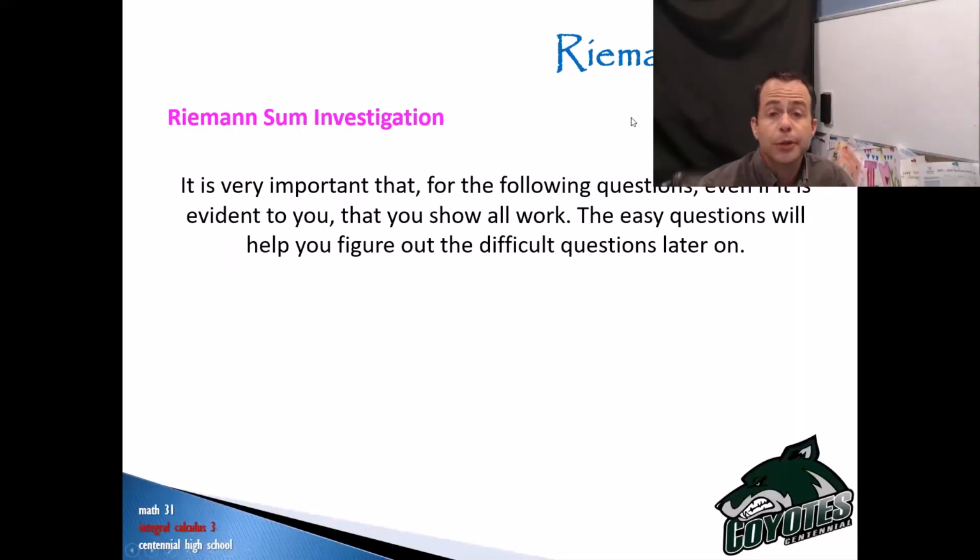Okay, so now we're going to get into our investigation on finding the area under a curve via something called Riemann sum. As a disclaimer, even if it's evident to you, which it will be for probably the first 2 of the 3 iterations, you're going to think, I can do this in my head.